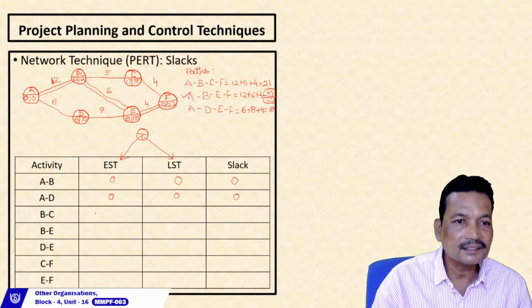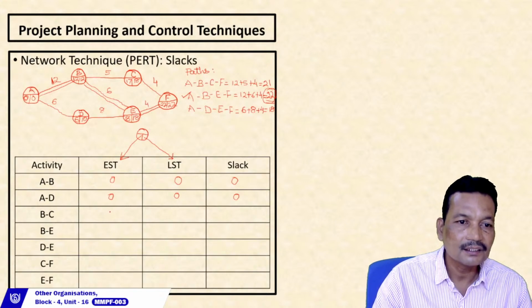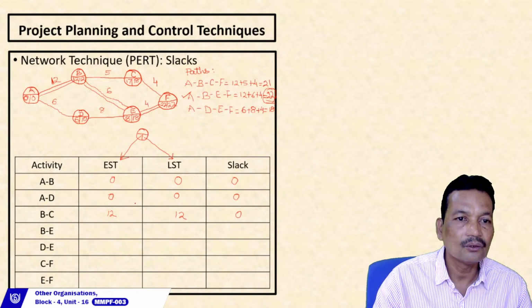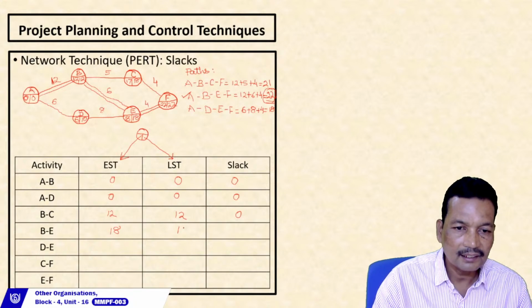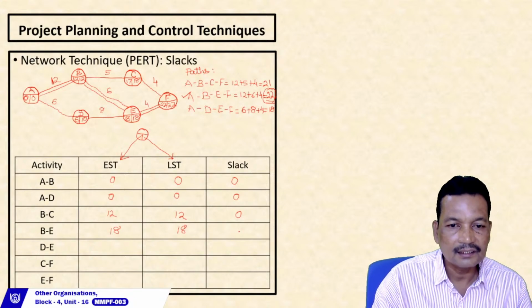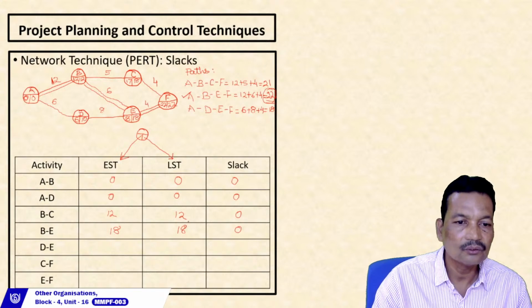Now look at BC, it is 12 and 12, so the slack is 0. For BE, it is 18 and 18, that is 0.